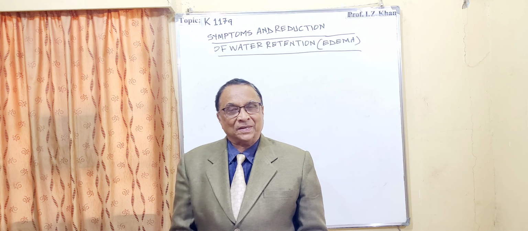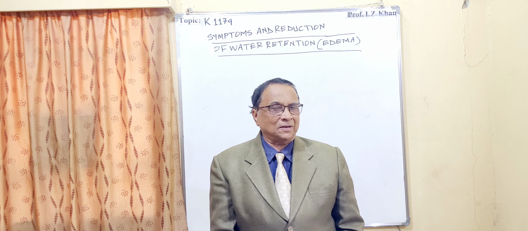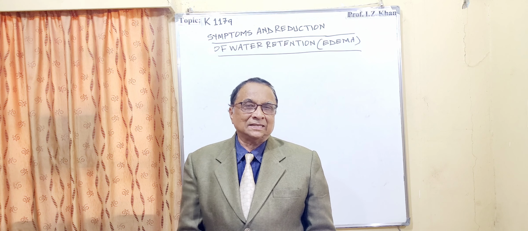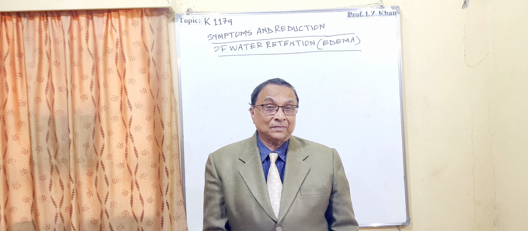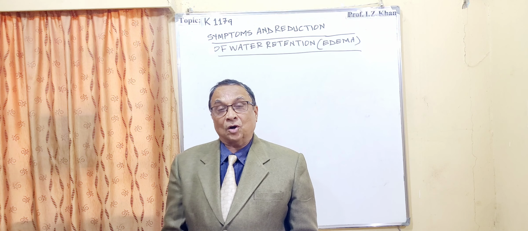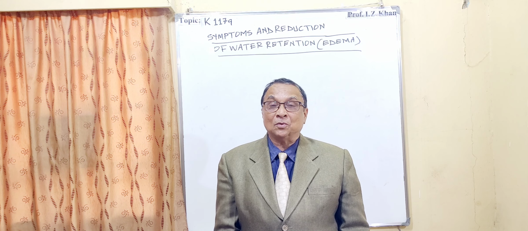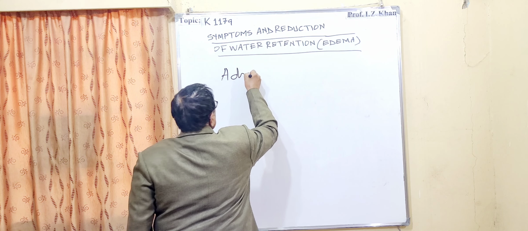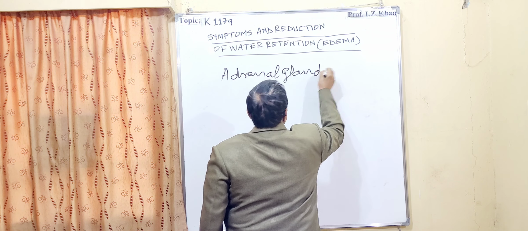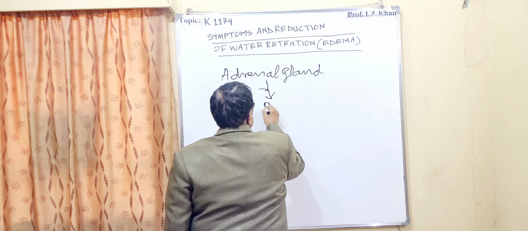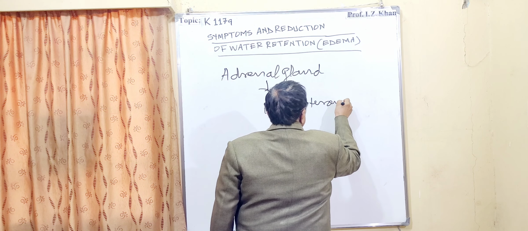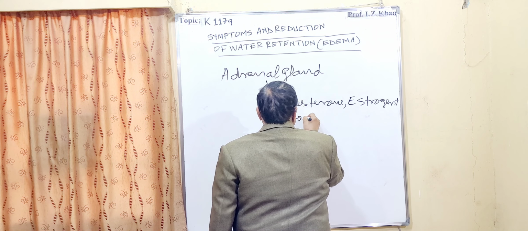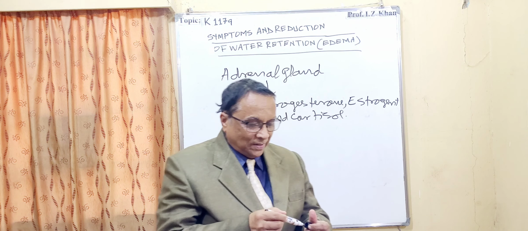Once a female becomes pregnant, after four or five months of pregnancy there is a drastic change in her body, because the adrenal gland starts producing more and more hormones: progesterone, estrogen and cortisol.